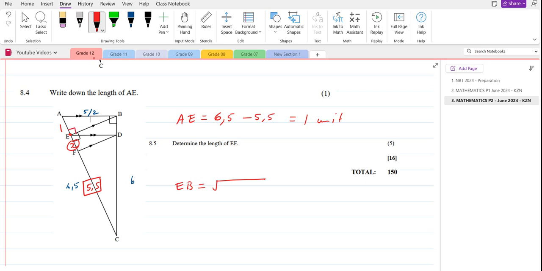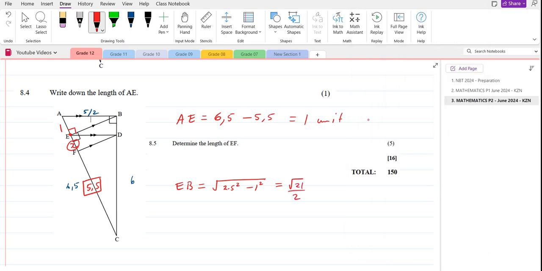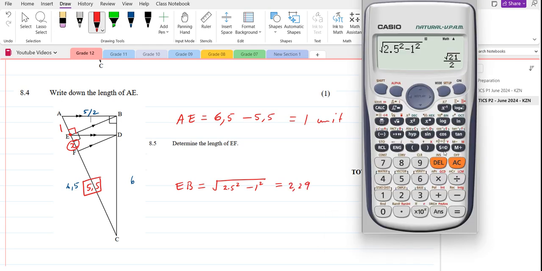So EB is equal to the square root of 2.5 squared minus 1 squared. Let's see what's that. That's going to give me 2.29. Let's just use root 21 over 2. Nah, I think we can just use 2.29.